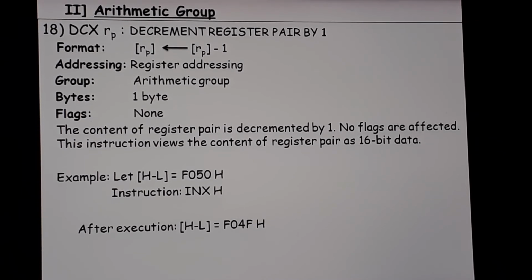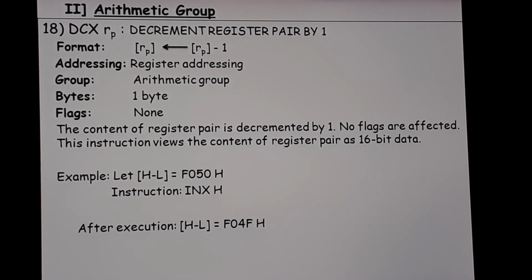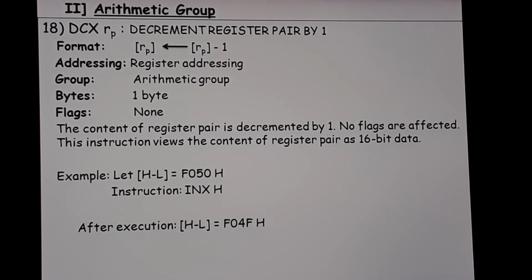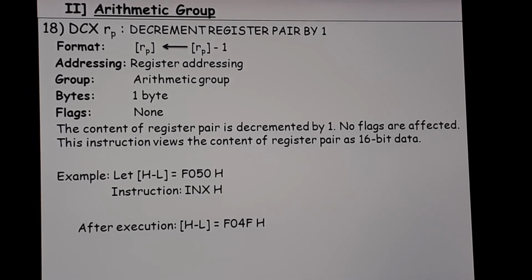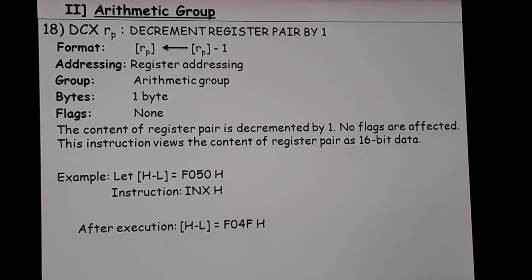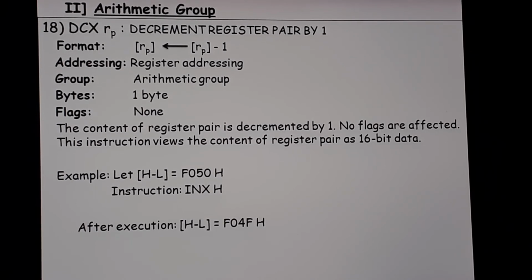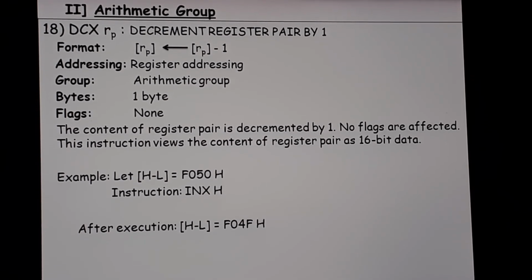So DCX H stands for decrement the HL pair. If you are writing DCX B, it means decrement the BC register pair. If you want the DE pair, you will write DCX D, which stands for decrement the DE register pair by 1. Okay, so after executing this instruction, what happens?